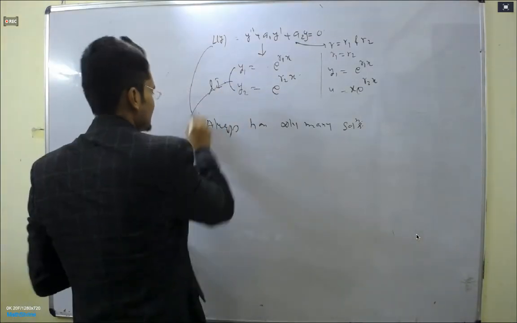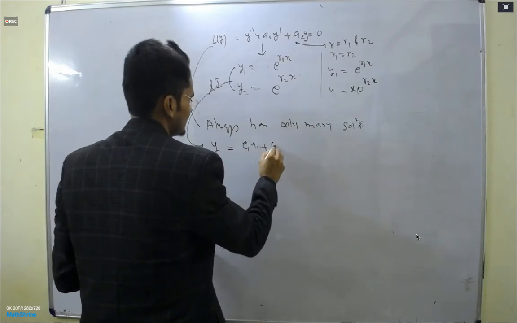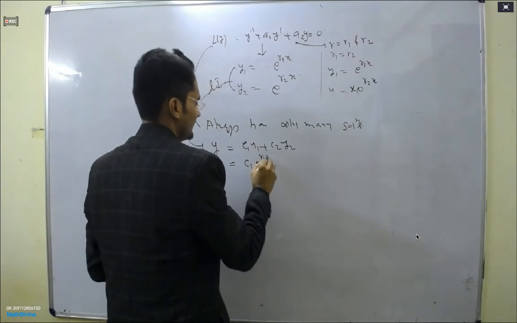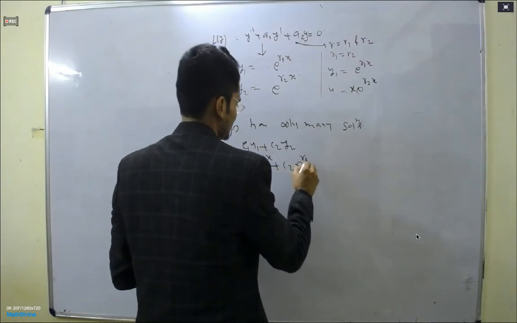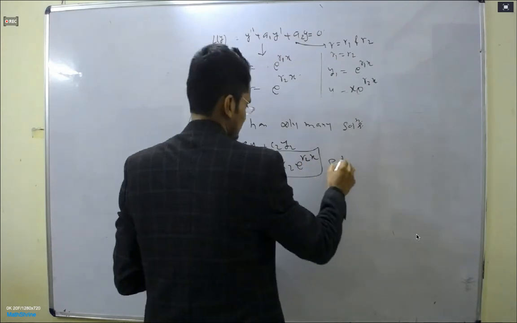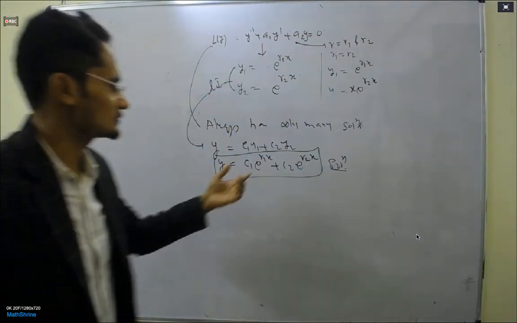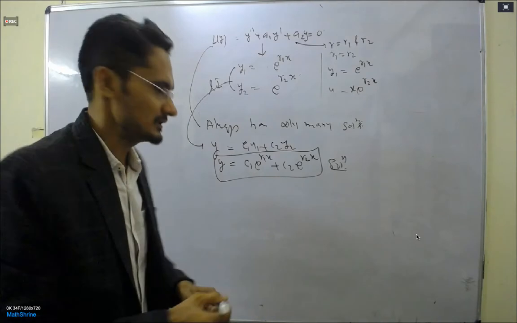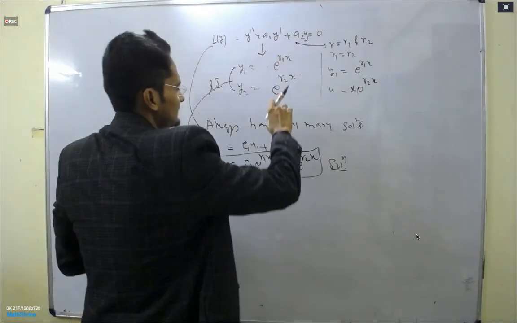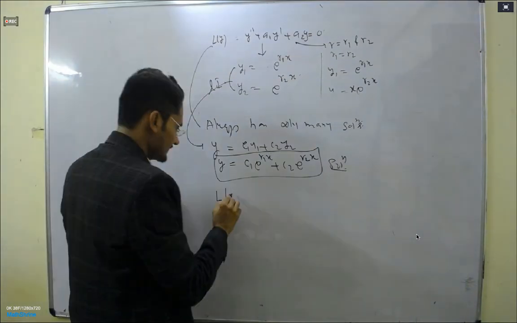Then you will say simply, sir, this is a solution, and their addition is a solution because L of c1 e raised to the power r1x is 0, and L of c1 e raised to the power r1x plus c2 e raised to the power r2x is equal to 0. Because of this, I am telling you this is also a solution.